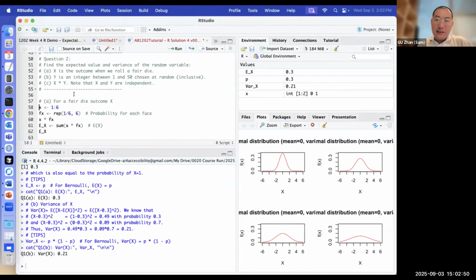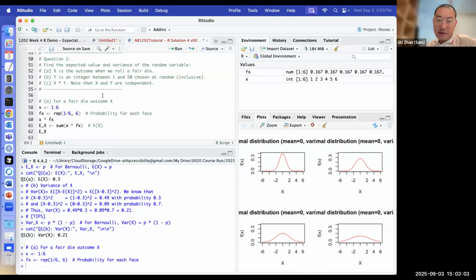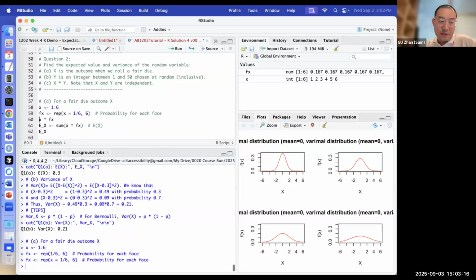Question A. So we have this X. Okay, let me clear the environment. Let's start: X is 1, 2, 3, and so on, integers. The frequency is REP 1 over 6, 6 times.